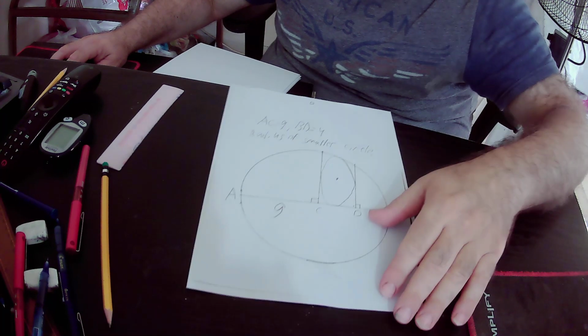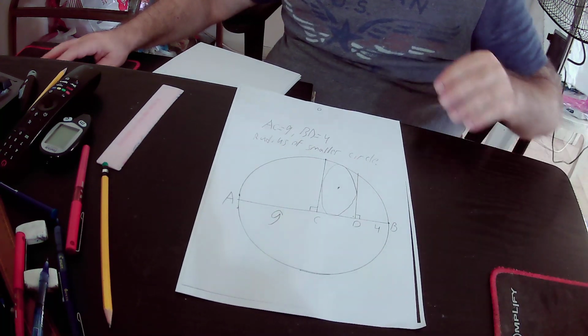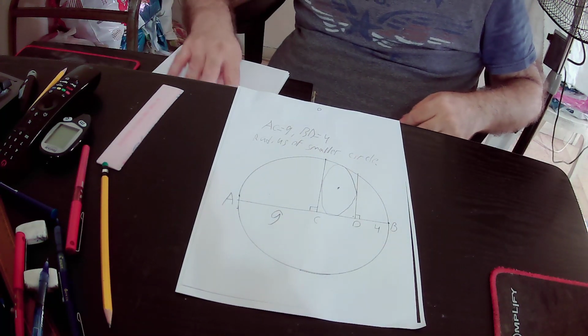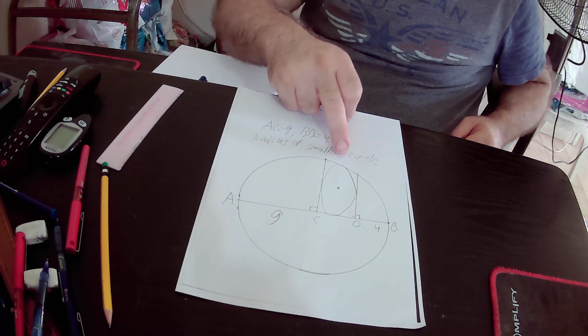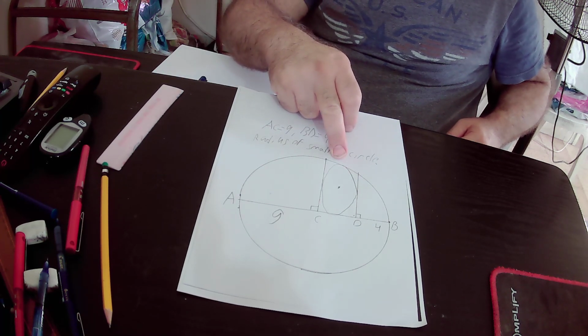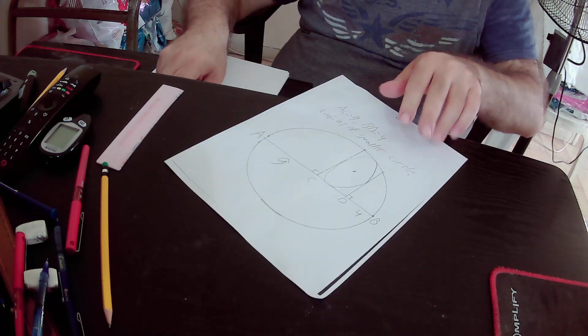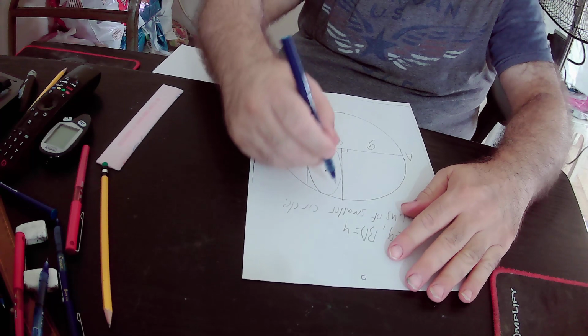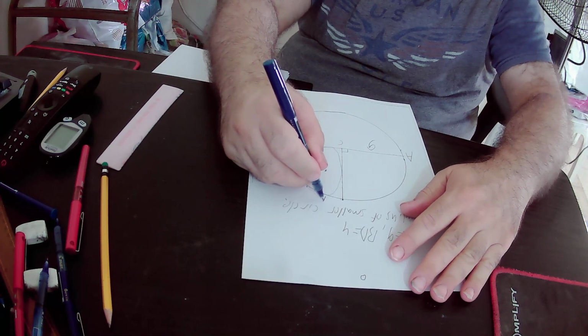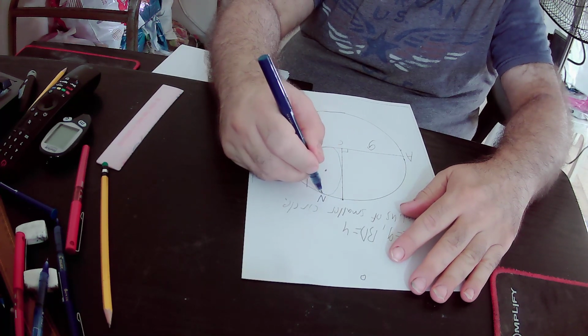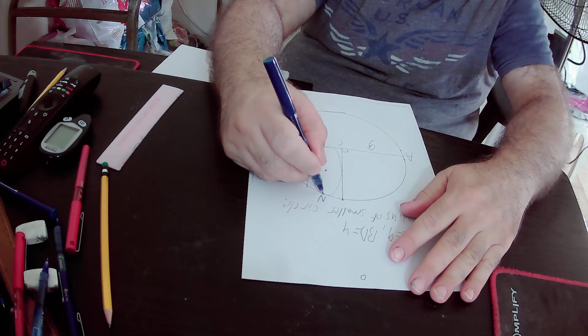Hello, in this lecture we will find the radius of the small circle. In the drawing we have two circles with internal length between them. At this point, let's call this point N. Point N is the point of contact between those two circles.